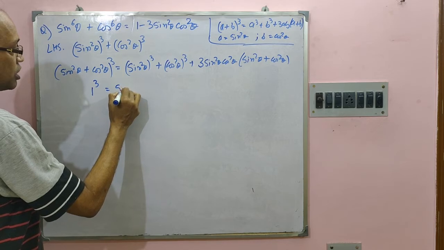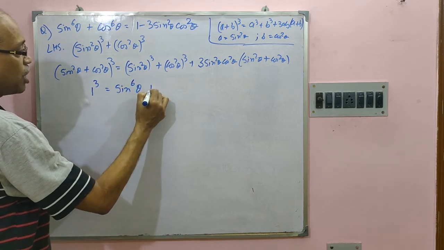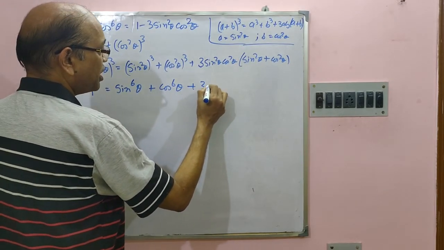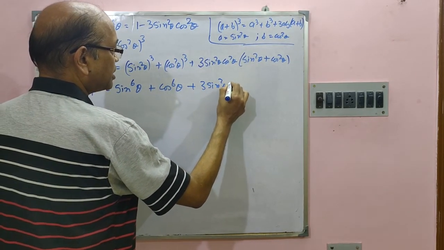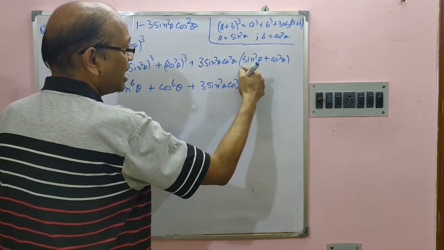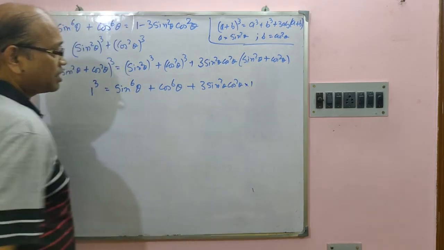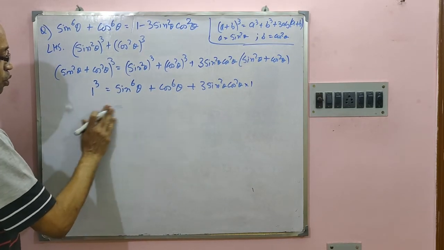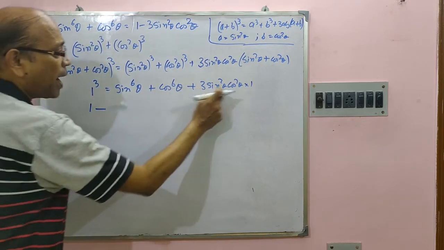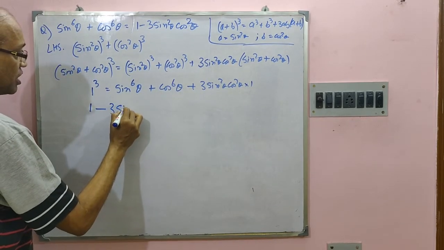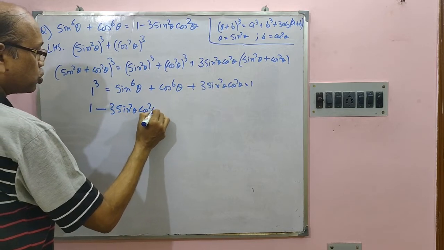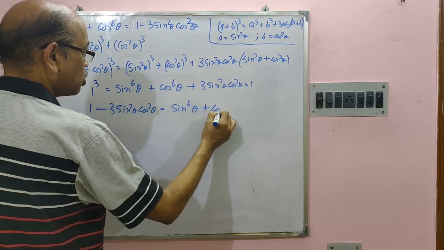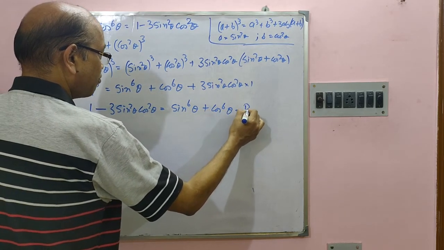This equals sine 6 theta plus cos 6 theta plus 3 sine square theta cos square theta, and again this is 1. Therefore 1 minus 3 sine square theta cos square theta is equal to sine 6 theta plus cos 6 theta. This is what we have to prove.